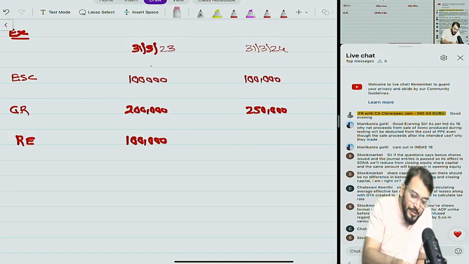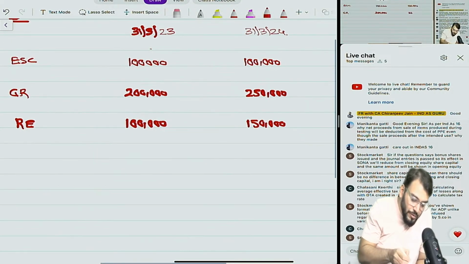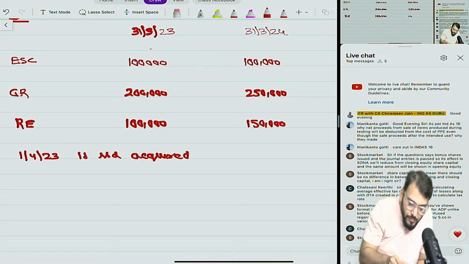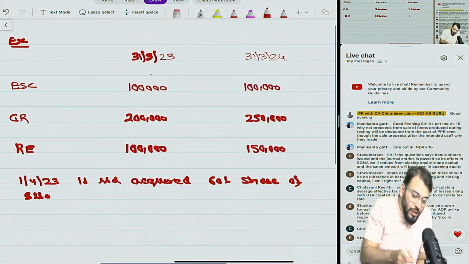Suppose this information has been given. Now suppose on 1/4/2023 H Limited acquired 60% shares of S Limited. So this is the information of S Limited.